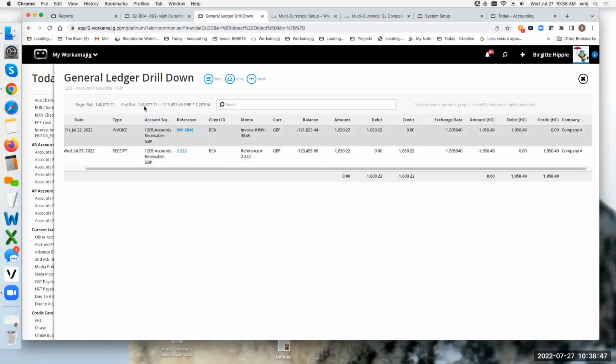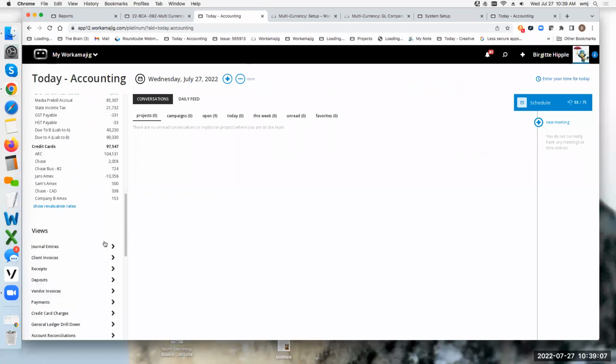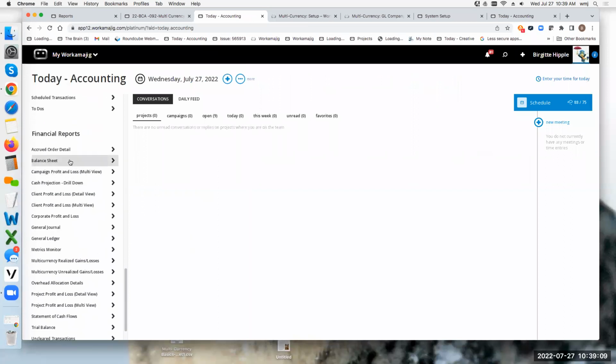Okay. Then we're also showing you what is the value based on today's rate of looking at your accounts receivable GBP account. Be the same thing if you went to the aging, it's calculating the exact same thing. So we're always showing you the calculations along the way of what you should be seeing. Okay. When it comes to running your corporate P&L or financial reports, these are all done in home currency.